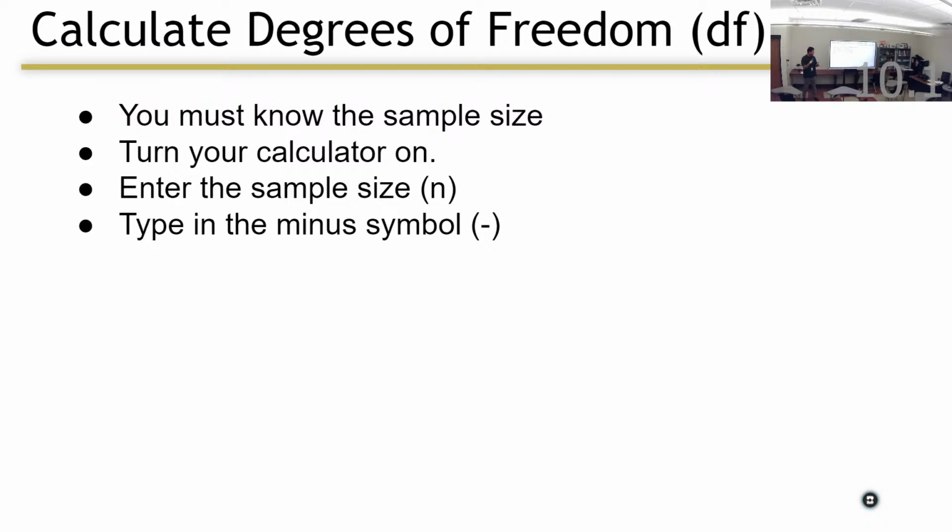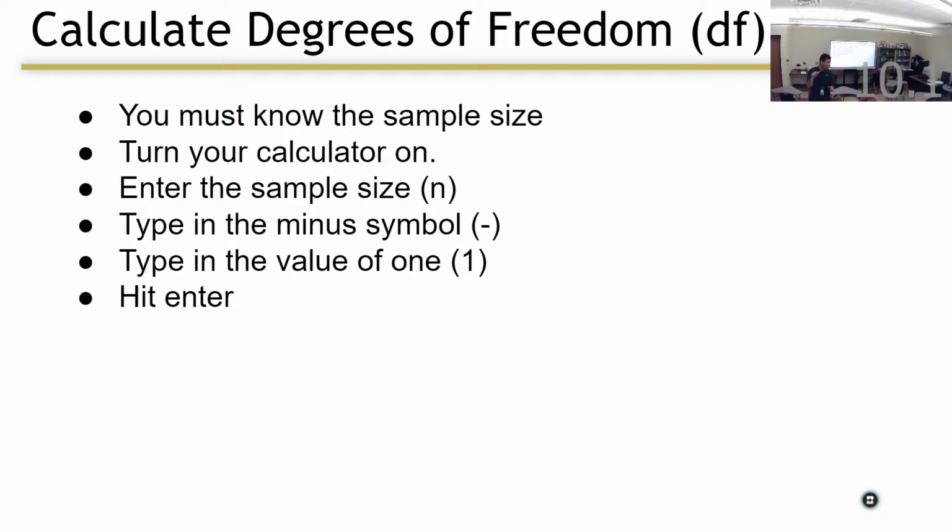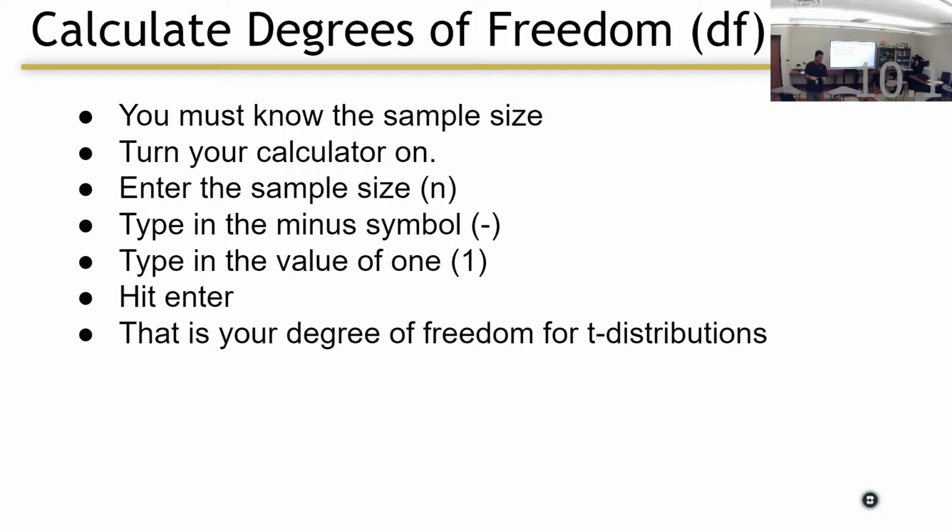I don't think you need to put parentheses, but we're going to type in a 1. And you're going to hit enter. And that's the degrees of freedom. It's not hard at all.